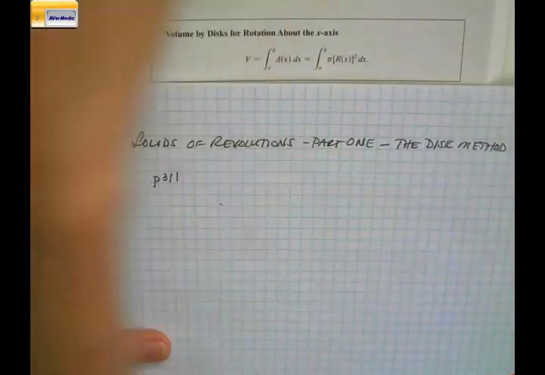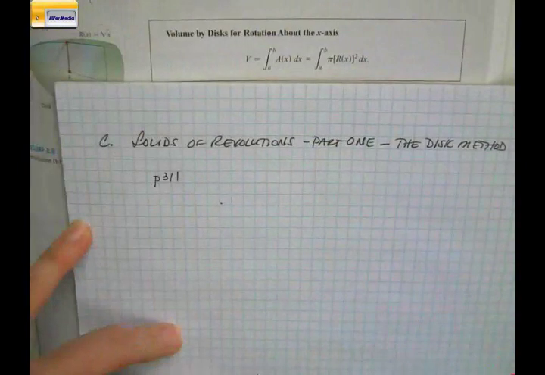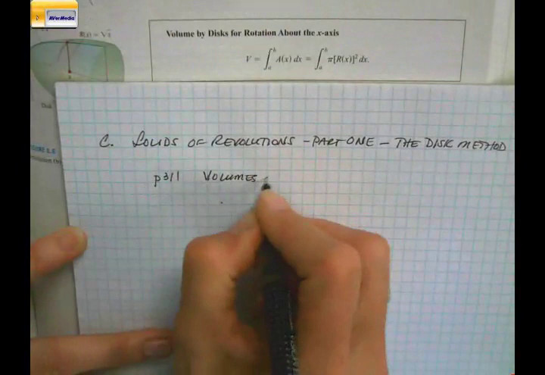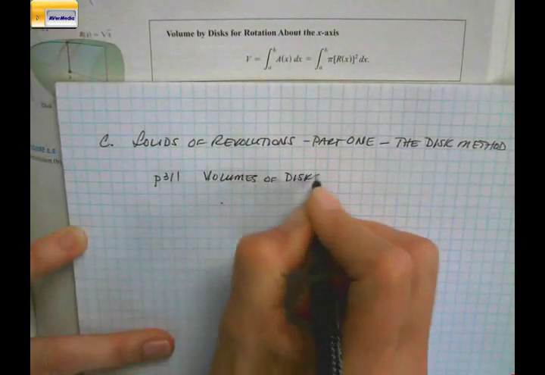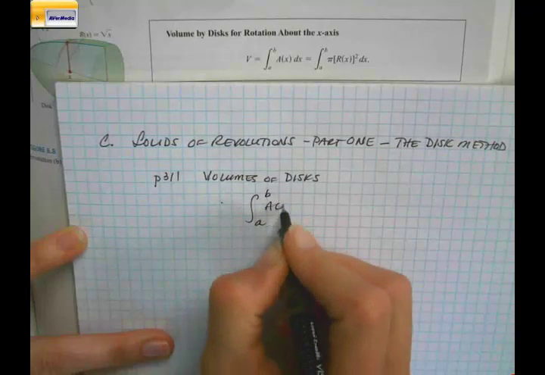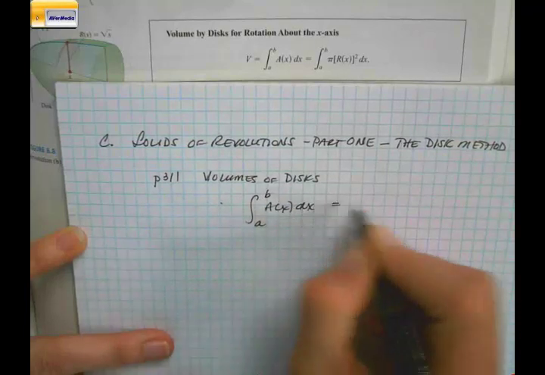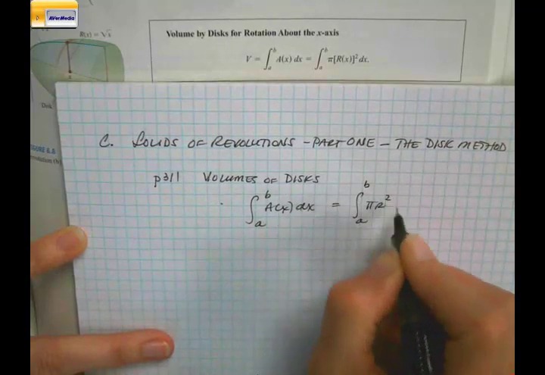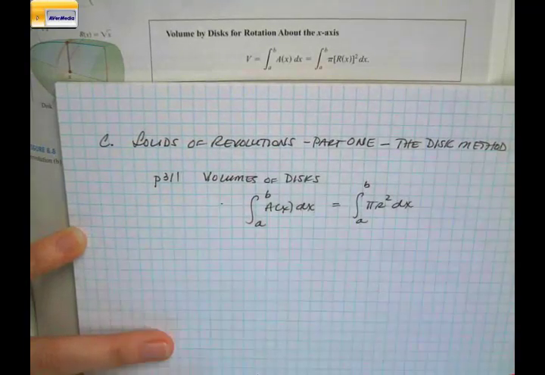Oh, I need my pen. And they're going to be found by integrating from A to B, again, of your area, dx. But now your area is going to be easy to calculate by being pi r squared dx.